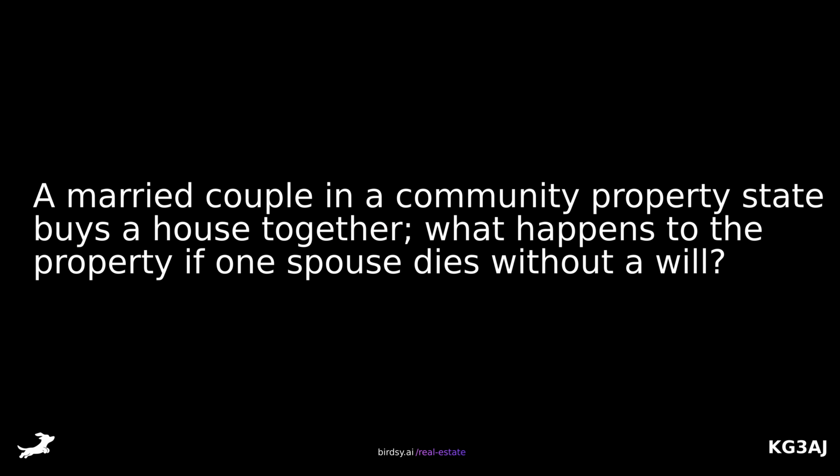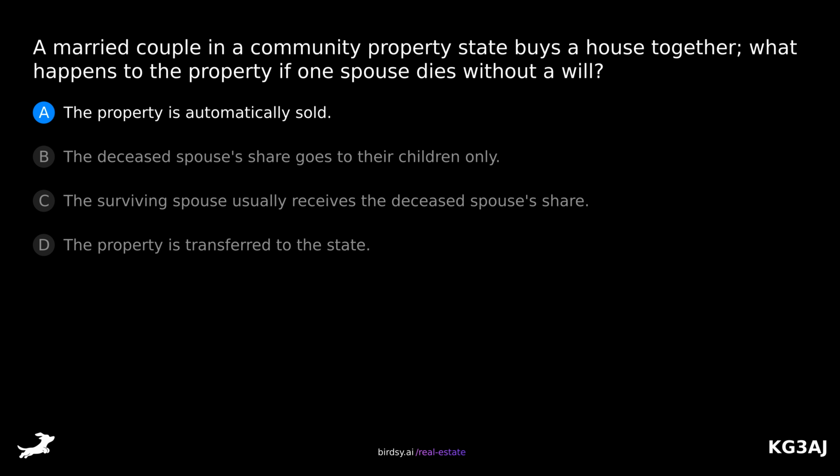A married couple in a community property state buys a house together. What happens to the property if one spouse dies without a will? Is it A, the property is automatically sold? B, the deceased spouse's share goes to their children only? C, the surviving spouse usually receives the deceased spouse's share?